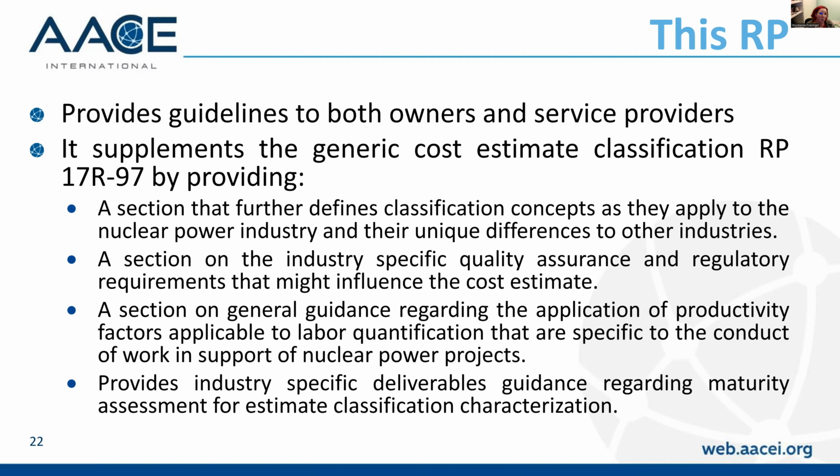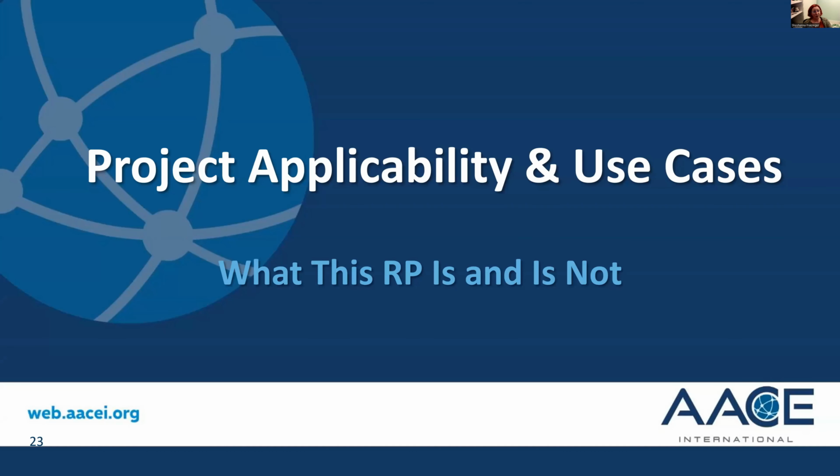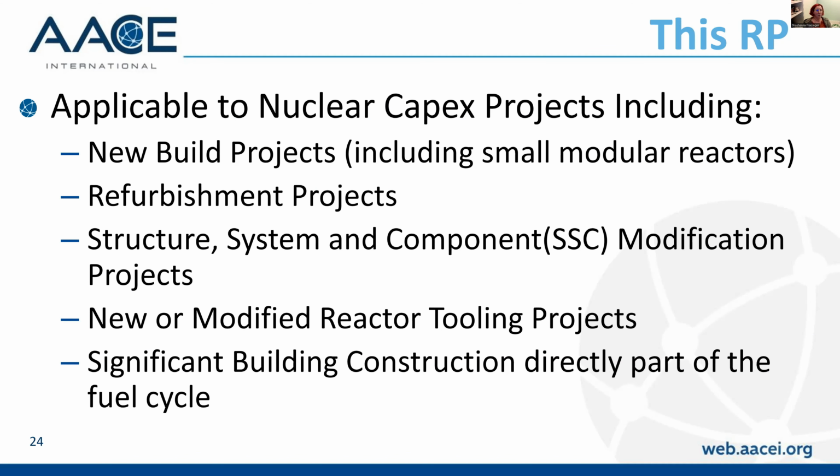So project applicability and use cases, what this RP is and what this RP is not. This recommended practice is applicable to nuclear CapEx projects, including new build, including small modulars, refurbishments, major mods or mini mods, new or modified reactor tooling, and significant building construction directly part of a fuel cycle.